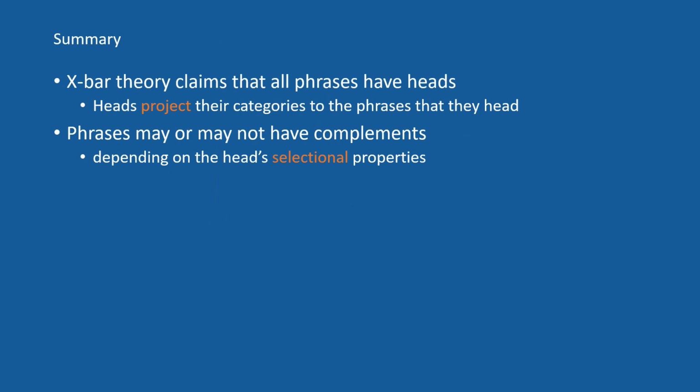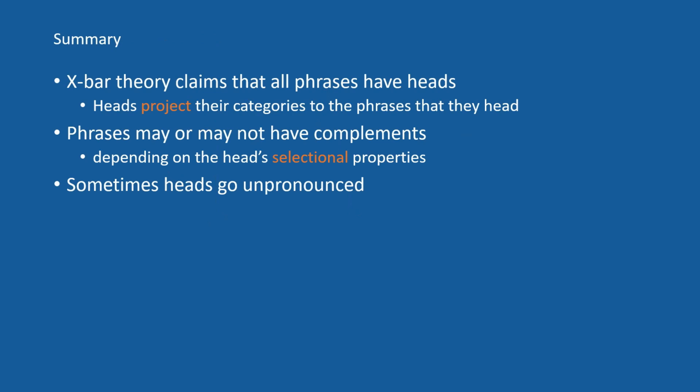If the head selects for a complement, then there will be a complement. Furthermore, the complement will be the same category that is selected for. Some heads will select for DP complements or prepositional phrase complements or VP complements or whatever. The head determines what the complements are going to be through this property of selection.